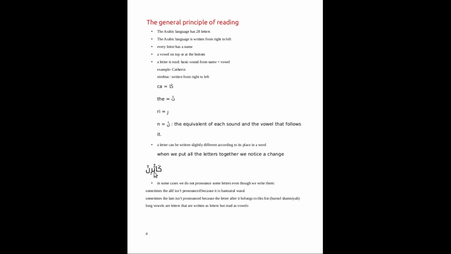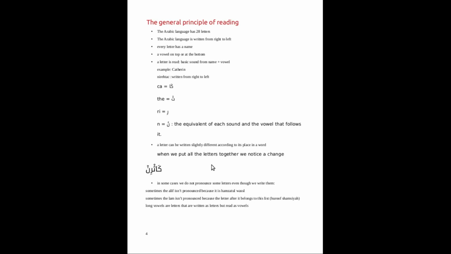You see, just a very small change that happened to this letter. We removed this line. So that is what it means, that a letter can be written slightly different according to its place in a word. Because here it's isolated, here it's between letters. I hope I'm not complicating things and that you're understanding me very well.